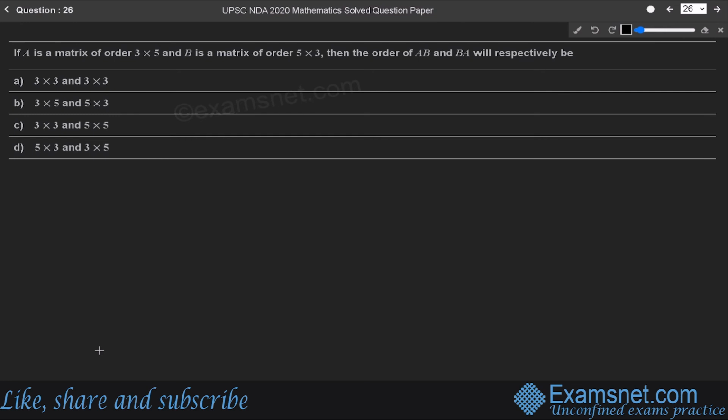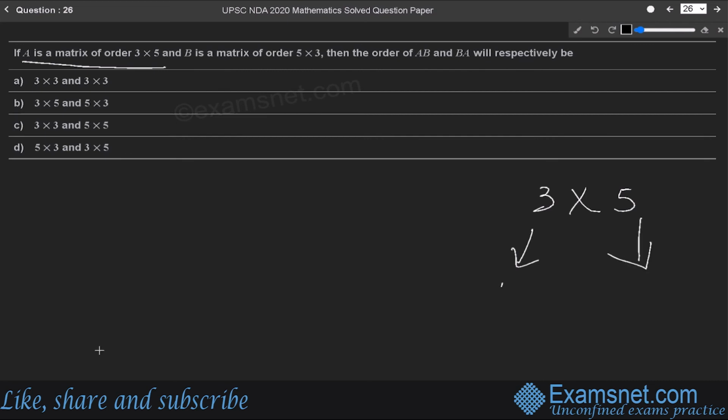Next question is, if A is a matrix of order 3 into 5 and B is a matrix of order 5 cross 3, then the order of AB and BA will respectively be. It is given that A is a matrix of order 3 cross 5. Now tell me, what do you understand by order 3 cross 5? 3 cross 5 means 3 is for rows and 5 is for columns.